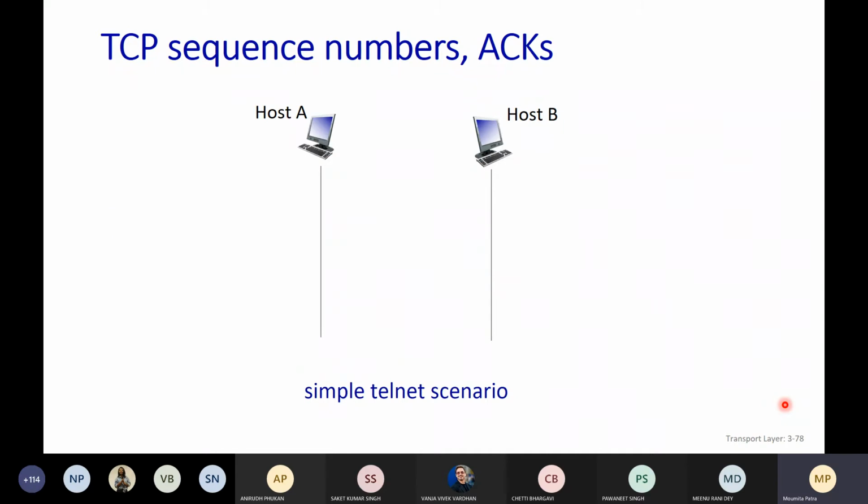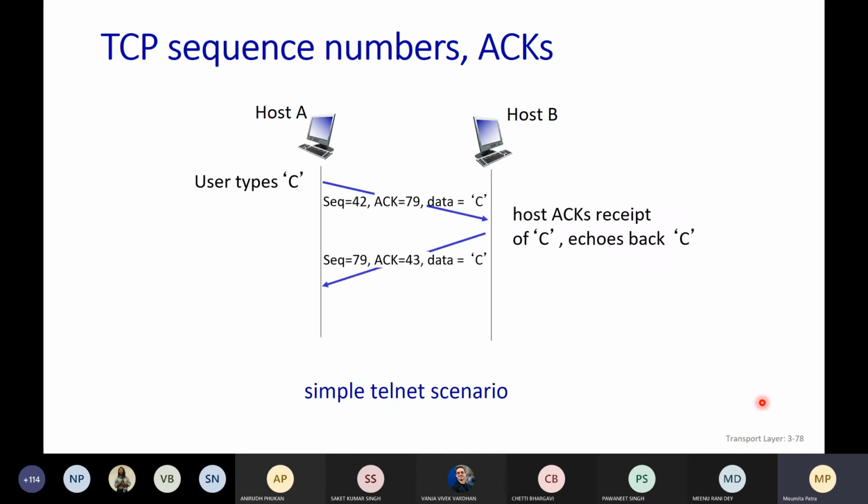Now, this is a simple telnet scenario, where both host A and host B will be communicating with each other. When somebody is requesting some data, there will be a client server kind of connection. Here we will see TCP sequence numbers and how acknowledgements are also numbered.